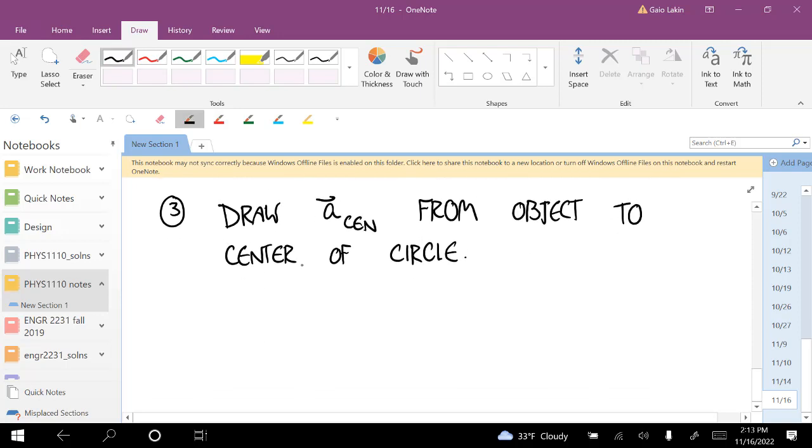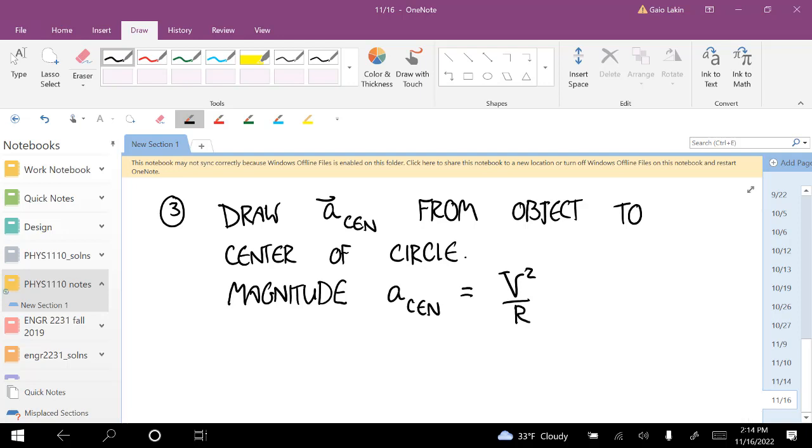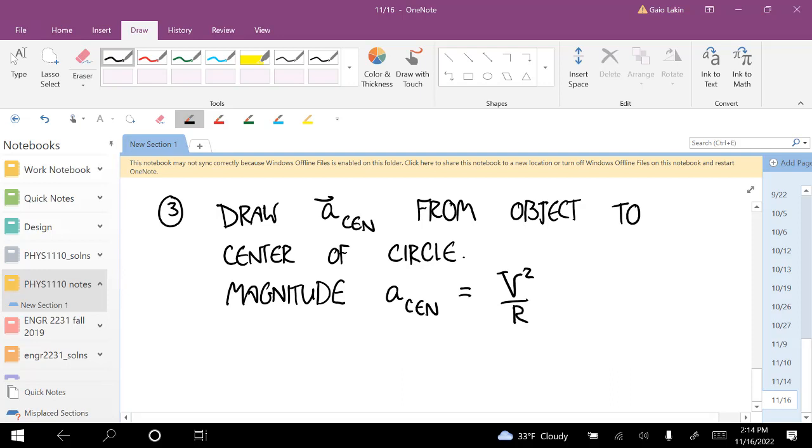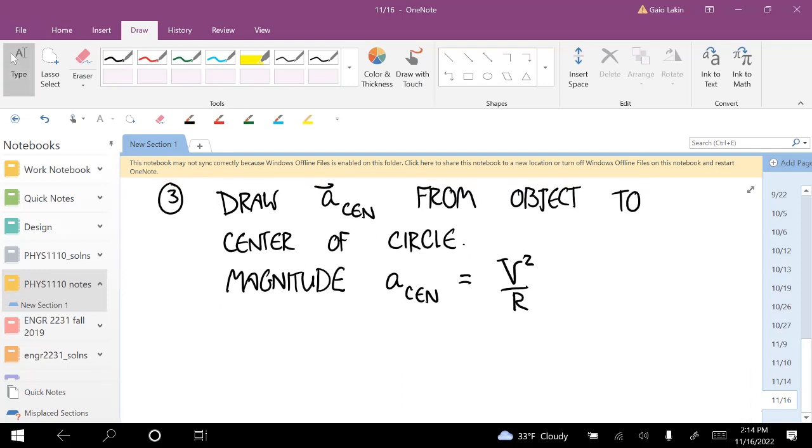And the magnitude of that vector, I'll call it the centripetal acceleration without the vector sign, is equal to the speed squared divided by the radius. So far, everything has been the same, whether it's uniform or non-uniform.